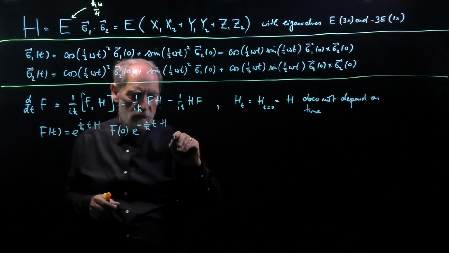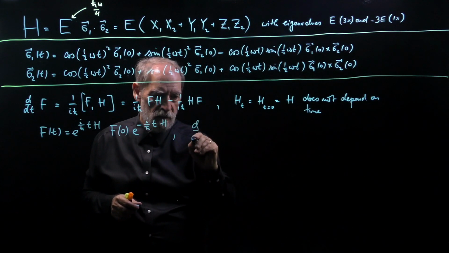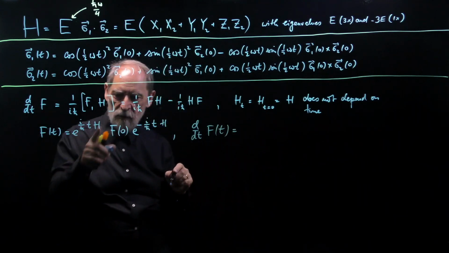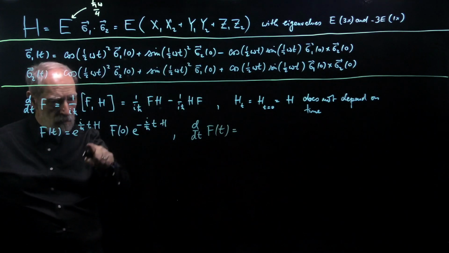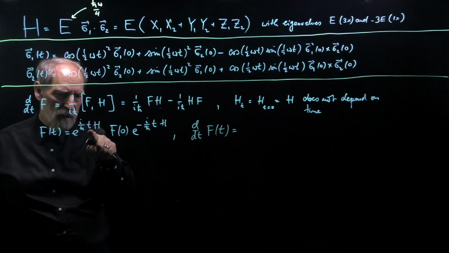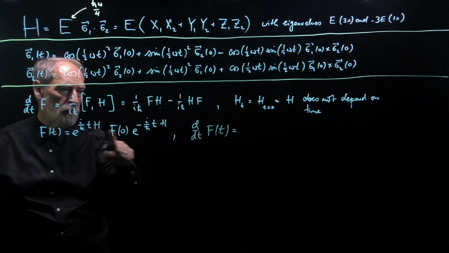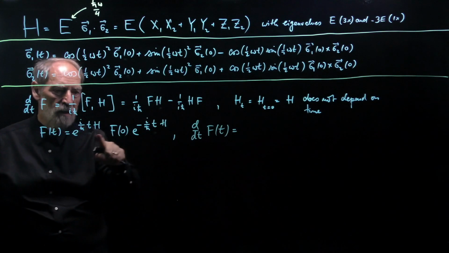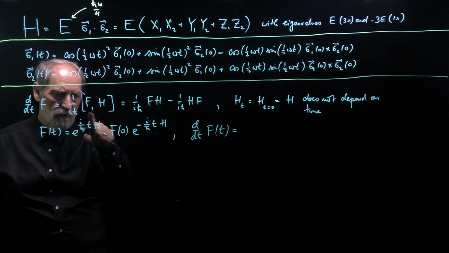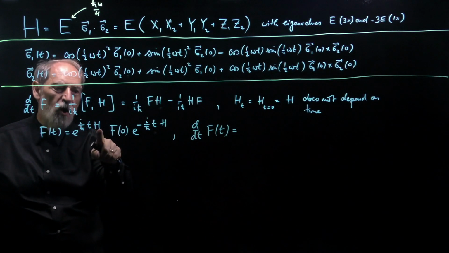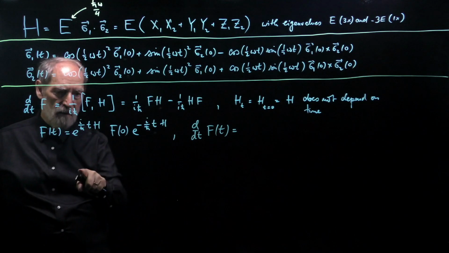So if I take the time derivative for verification, the time derivative of this F of t that I have written down here, according to the product rule, there are two terms. One where I differentiate this time dependence and one where I differentiate this time dependence. Let me begin with this term. So I'm differentiating this time dependence. That brings down an H on the left.